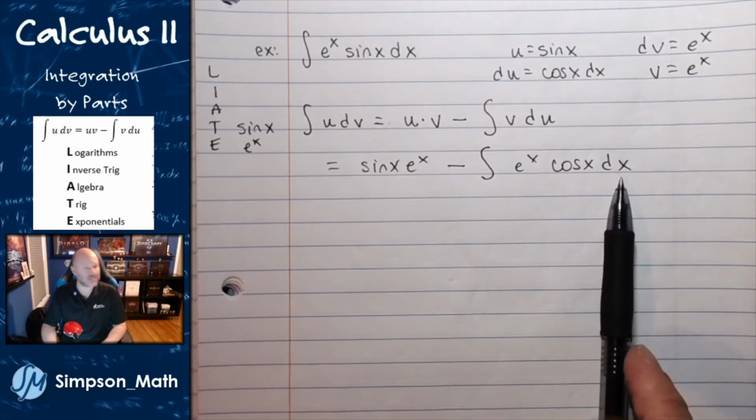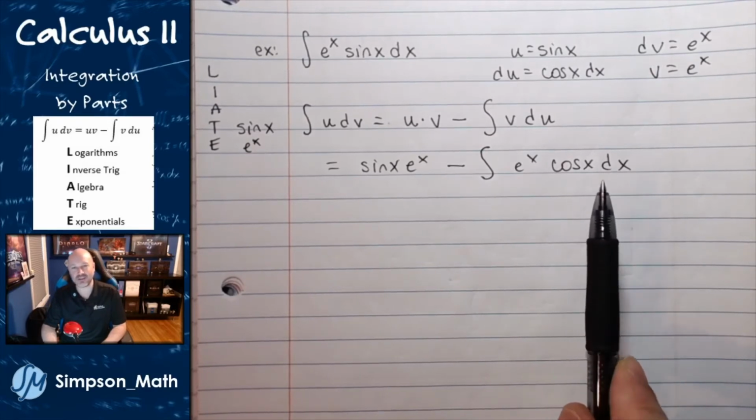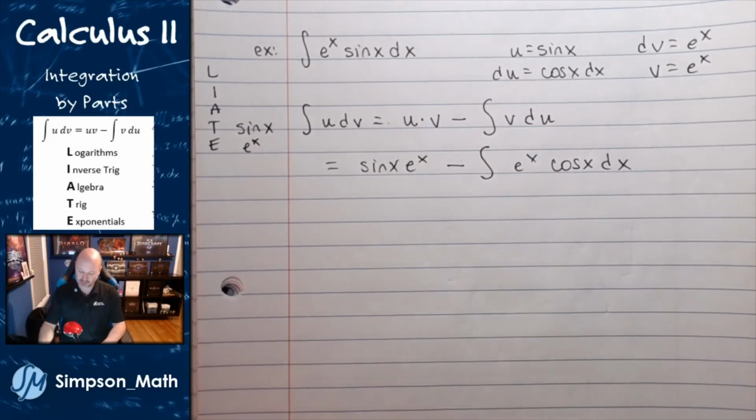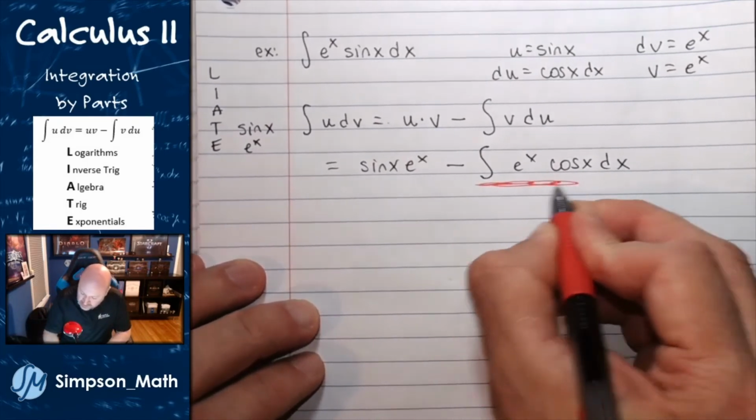This kind of looks like it's just going to go on forever, right? This will spit out a sine, sine will spit out a cosine. Oh well, let's see what goes on here. So I'm focusing in on this integral.